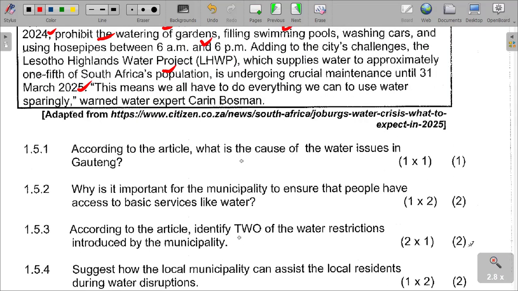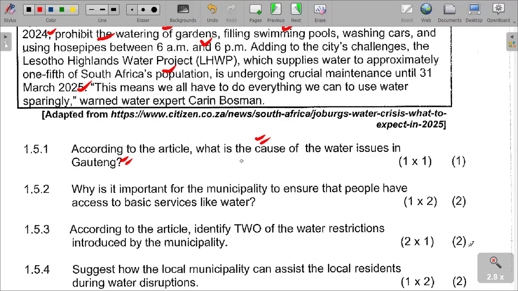So now, what is needed here is for you to answer these questions according to the article. What is the cause of water crisis issues in Gauteng? We talk about the crisis. What is the cause of water issues in Gauteng?